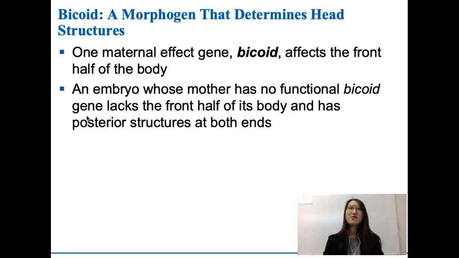So what does that mean for a human? If this were to actually happen to a human, which I suppose is so embryonic lethal that it will never happen, because a human cannot operate without a brain, and the mother's body will know that there's something seriously wrong with this baby before this baby even goes on to the later part of embryonic development.